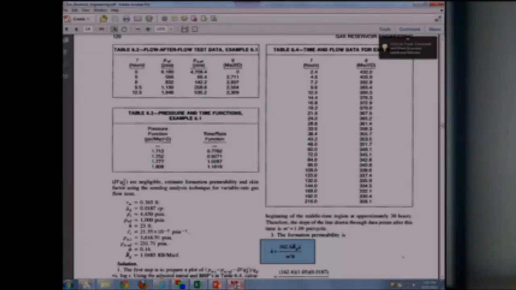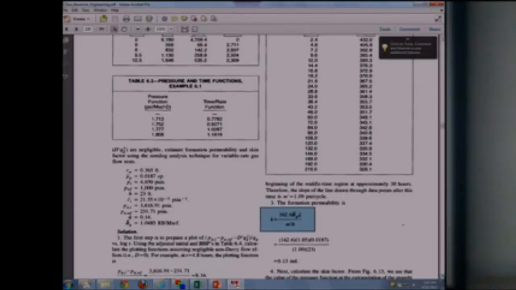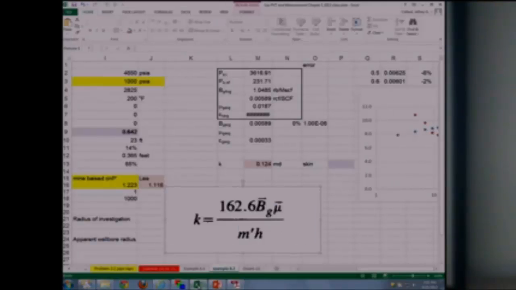The textbook got 0.13. All right? Let's go on with the Lee slope and get skin. Perm's easy, skin's a lot of work.